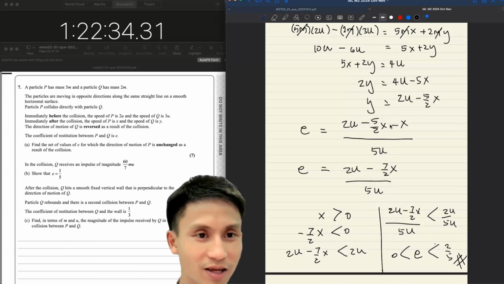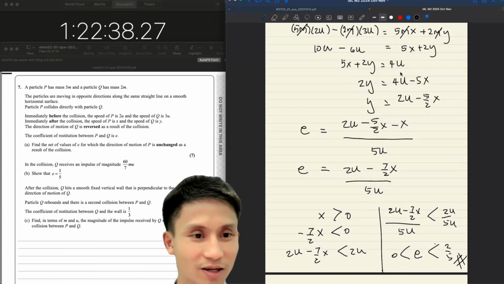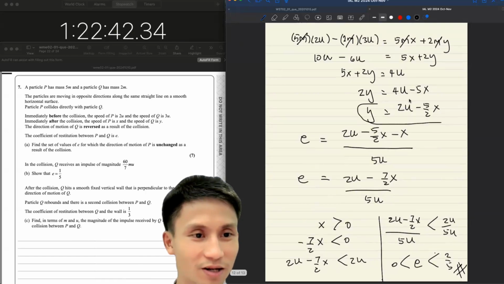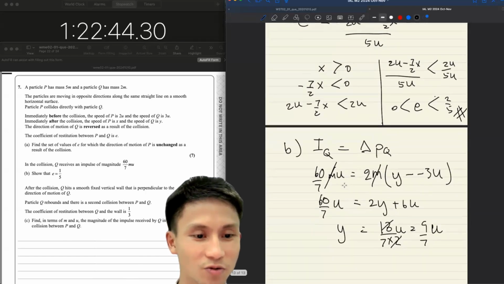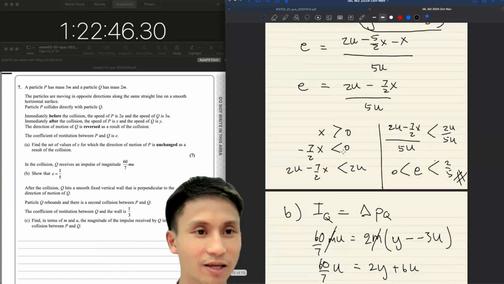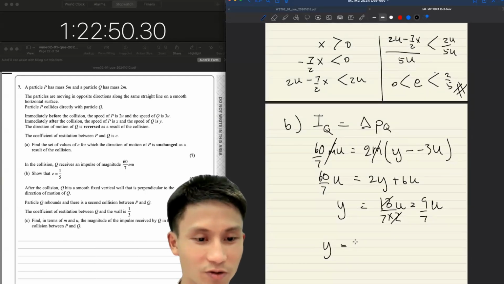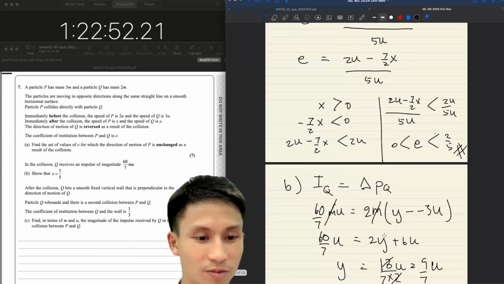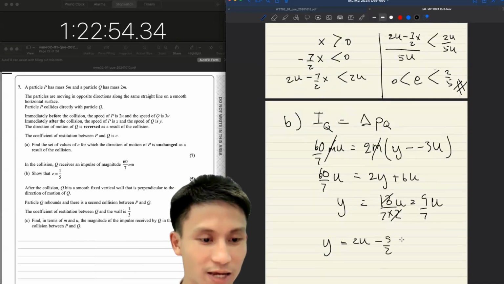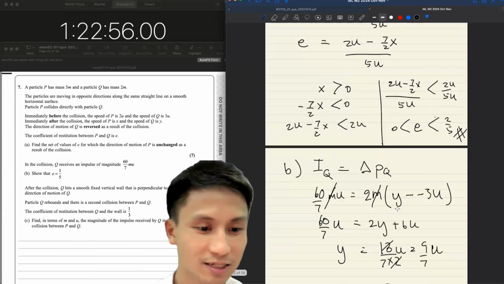Or can we already find u? Yeah, we should use this one. We can use 2y there. Y equals 2u minus 5 over 2x. So we're going to get x.